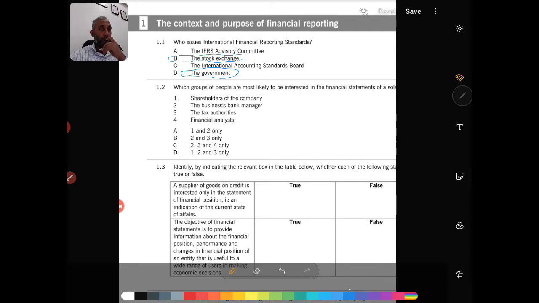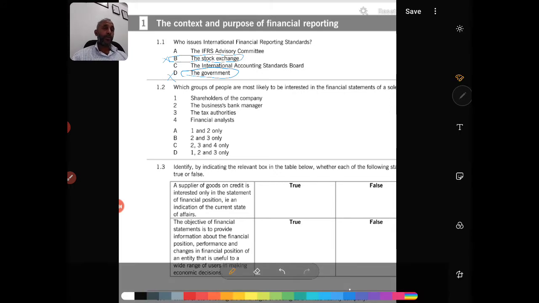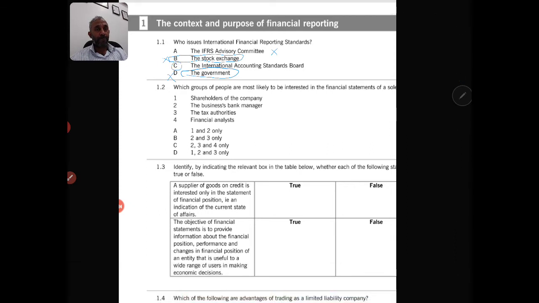These two bodies have no job of issuing financial reporting standards. So D is wrong and B is wrong. On the other hand, the IFRS advisory committee is part of the IASB, but they don't issue financial reporting standards. Rather, they advise on the development and progress of accounting practice within the body. So this is also wrong. So the correct answer will be C.